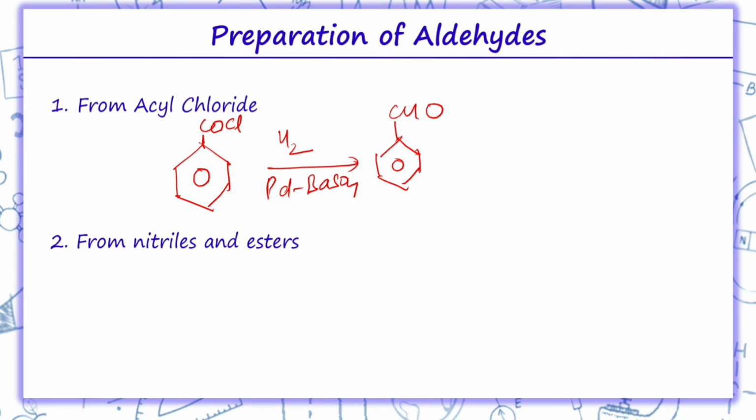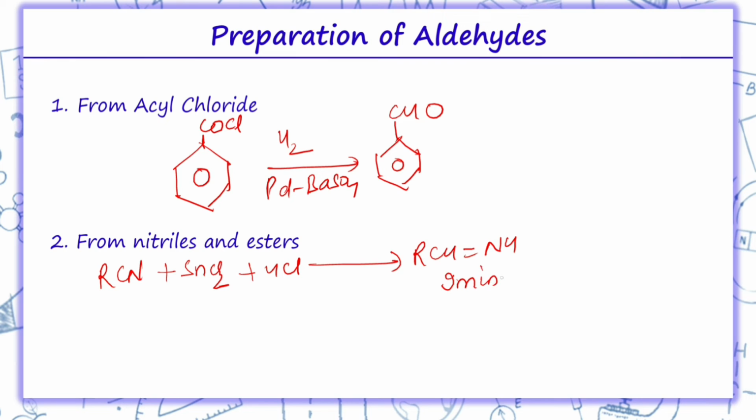Moving on to next, which is from nitriles and esters. So, from nitriles like we have RCN, these are reduced with stannous chloride in presence of HCl. First we will get RCH double bond NH, which is imine.